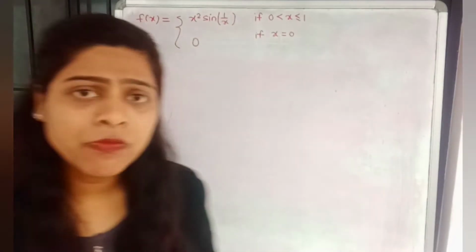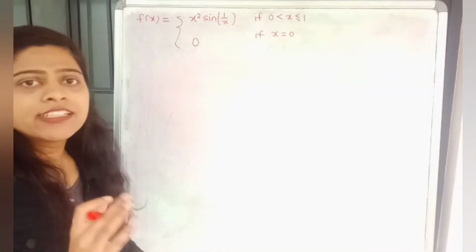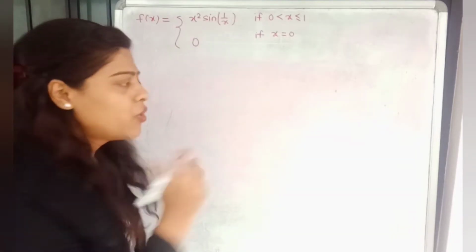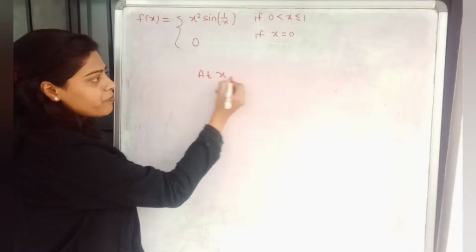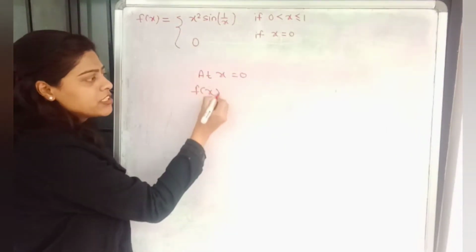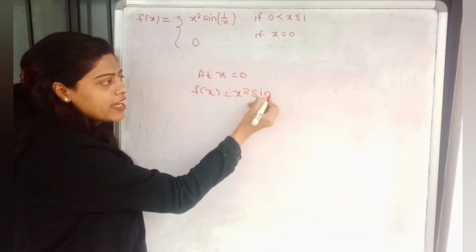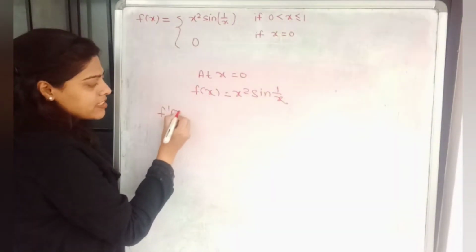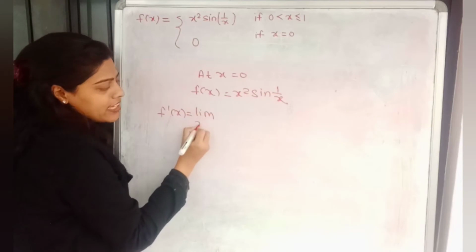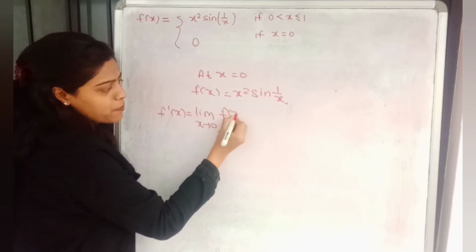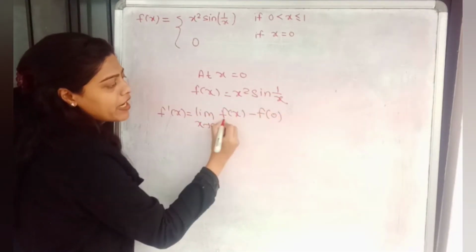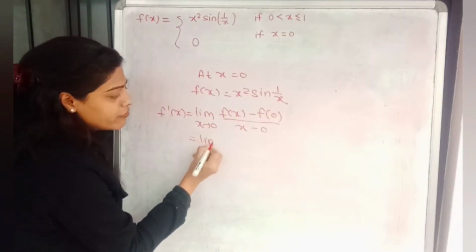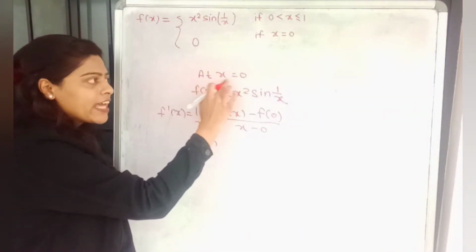So for that purpose, we are going to check whether this function is differentiable or continuous at x = 0. At x = 0, by the definition of derivative, f'(0) = limit as x tends to 0 of (f(x) - f(0))/(x - 0). Putting the values, limit as x tends to 0 of (x² sin(1/x) - 0)/(x - 0), since f(0) = 0.